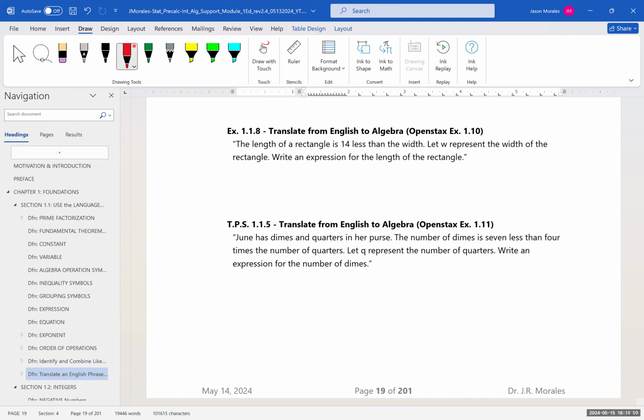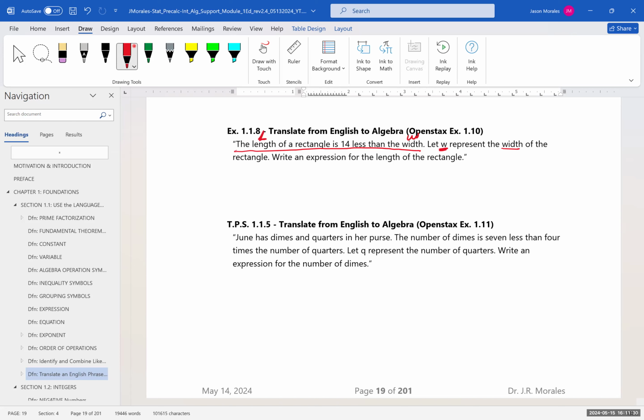Here we're being told we're going to let the variable W represent the width. In this first sentence, we actually have the relationship between length and width that we need to care about. So width, we're going to be using the letter W. We're not told anything about the length, so I'm just going to use the capital letter L to represent length.